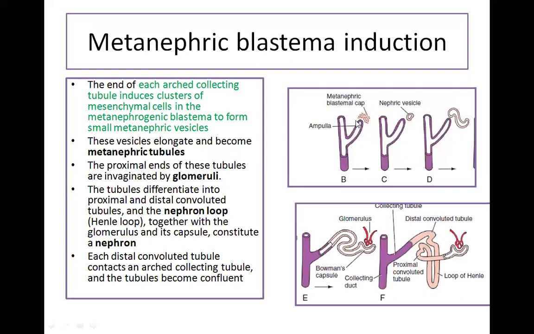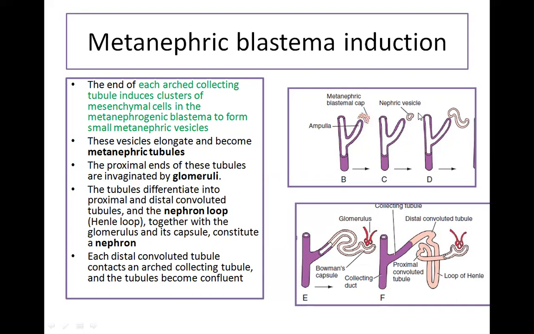So this ureteric bud is inducing the metanephric blastema to convert it into the metanephric blastemal cap. That is, it will form the excretory portion of the kidney under the induction from this ureteric bud. So the end of each arched collecting tubule will induce clusters of mesenchymal cells in the metanephrogenic blastema to form small metanephric vesicles.